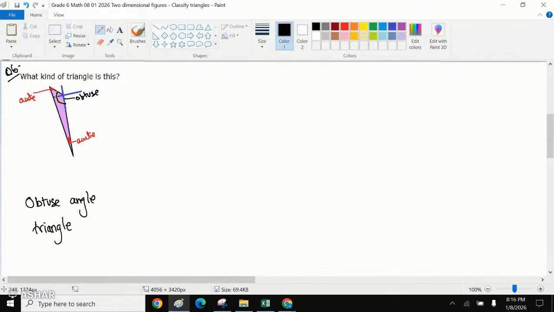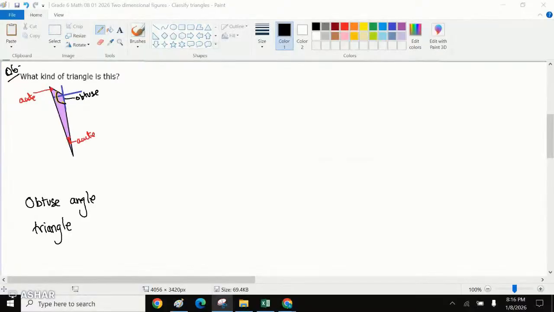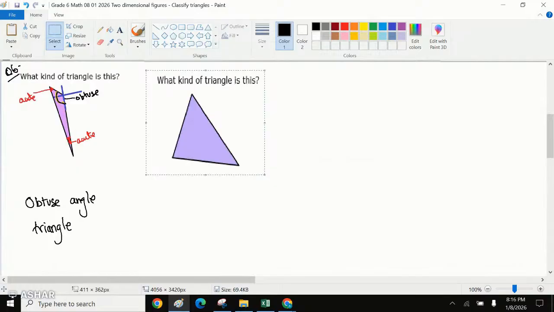Okay, one thing we saw, 3 angles in any given triangle, right? Okay, after this example, the next question, I'll give you a tricky question, okay? So we'll see. So question number 7, question number 8 would be my question, okay, for you people. Question number 7, we can say this is acute, right?